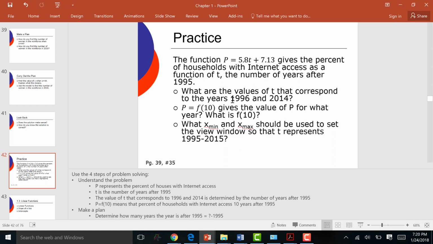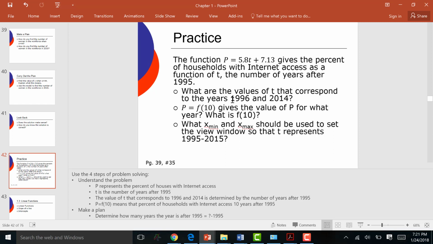X minimum and the X maximum says, how wide should your window be? What were the original years that we started talking about in bullet 1? What's the years? 96. 96 to when? 14. So how wide should my window be? It should be 19 wide, but what's my first number? What's my last number? That's what the minimum number should start with.